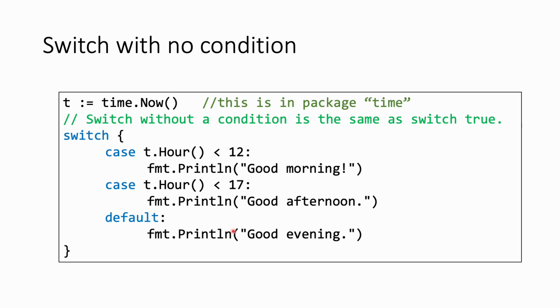And this construct can be a clean way to write a long if-else chain. So here this is the same as writing: if t.Hour() is less than 12, then we print good morning. Else if t.Hour() is less than 17, then print out good afternoon, and else print good evening.